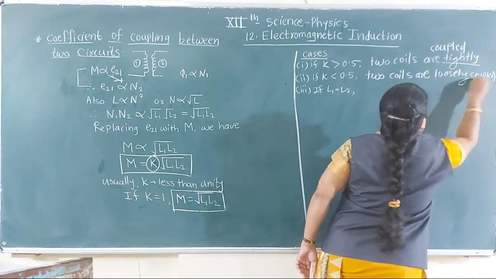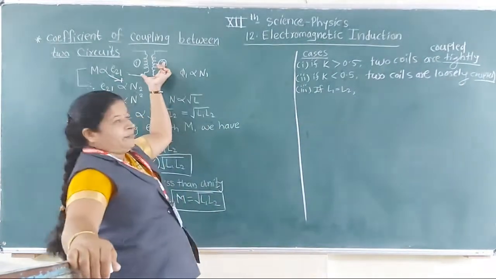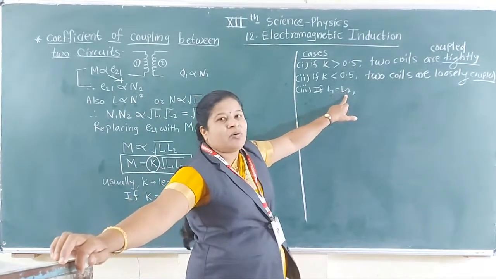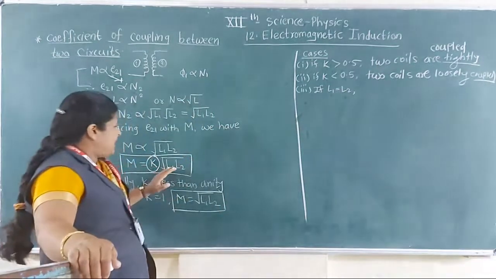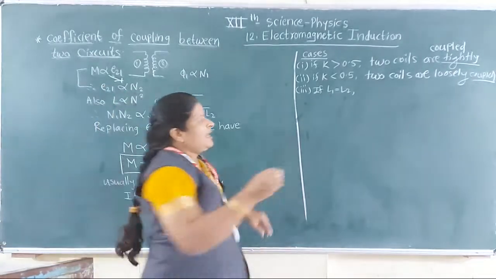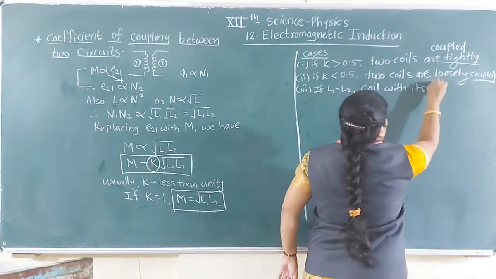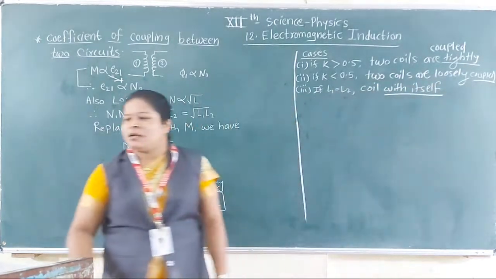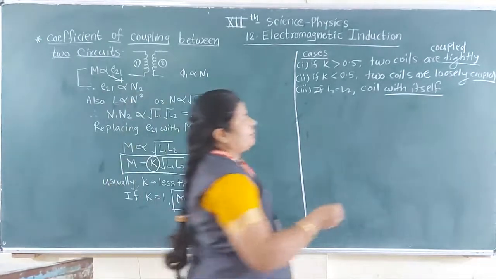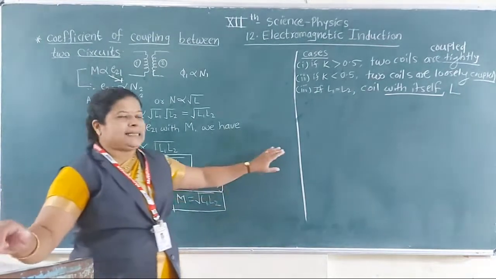Third case, when L1 is equal to L2, then the coil is coupled with itself, that means self-inductance L is coupled to itself.